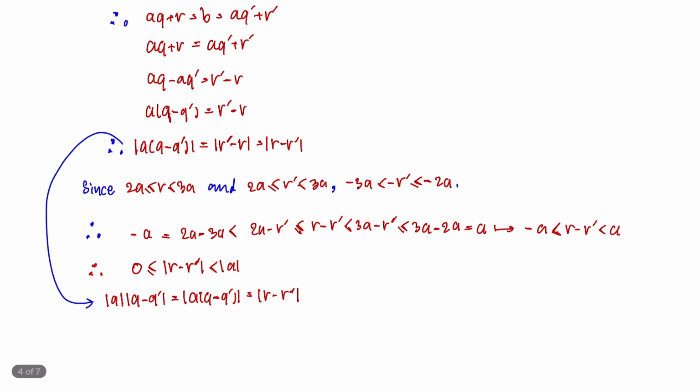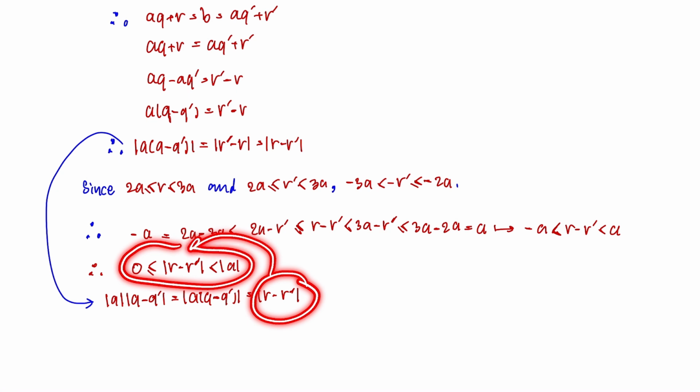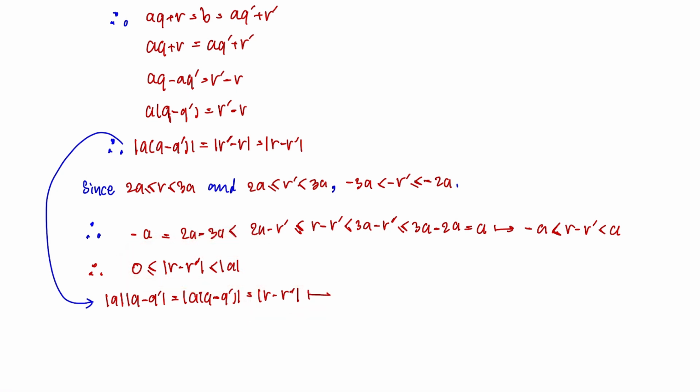And this one right here is greater than or equal to 0 and less than absolute value of A. So we have the absolute value of R minus R prime equal to absolute value of A times absolute value of Q minus Q prime, and less than absolute value of A. So we divide both sides by the absolute value of A, and we're gonna have absolute value of Q minus Q prime less than 1.